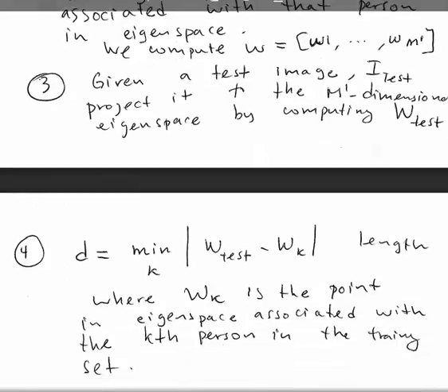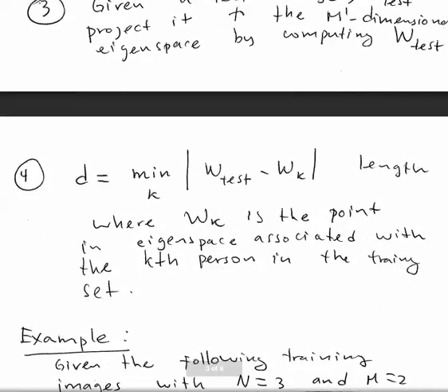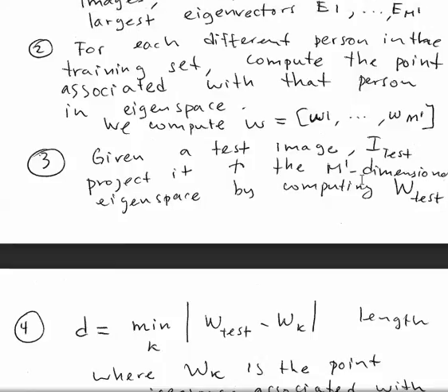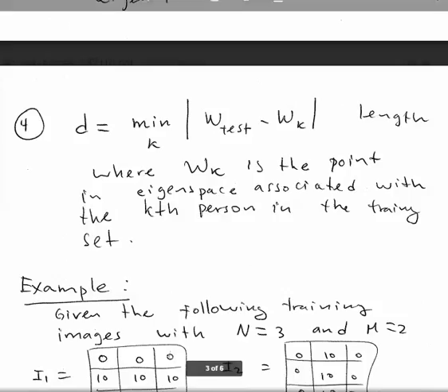The last step: each of the faces in the data set has an associated W, and now the test image, the one we're going to compare with the other images, also has an associated W. Then we compute the distance to specify some type of similarity between the images, and we can rank the result and say, okay, the test image is more similar to this one in the data set. That's the main idea of the algorithm.